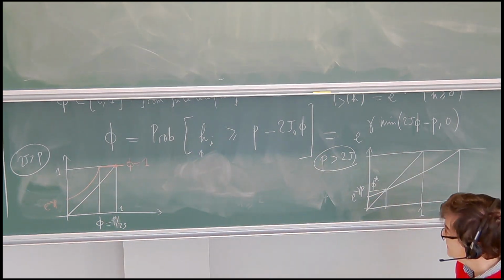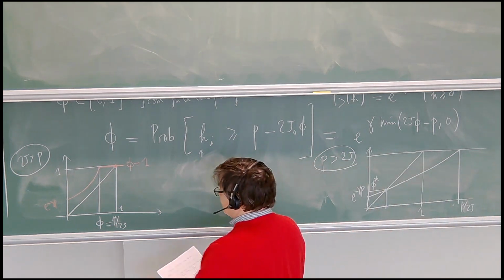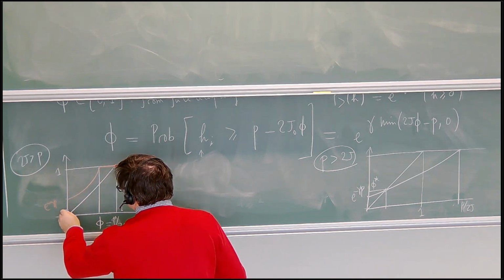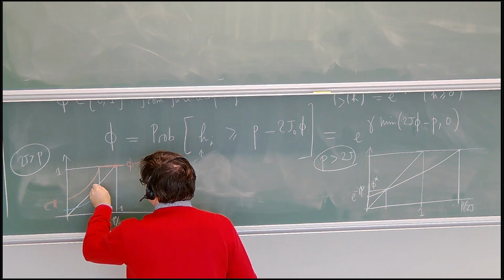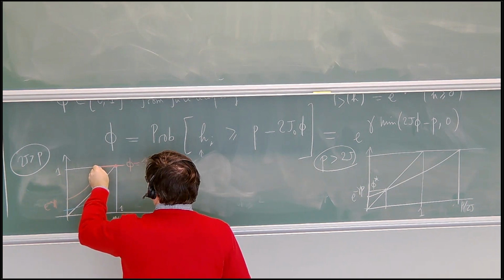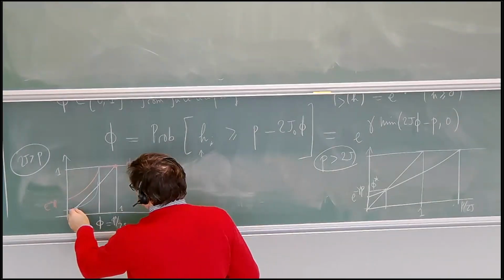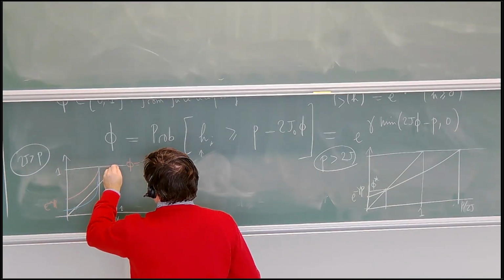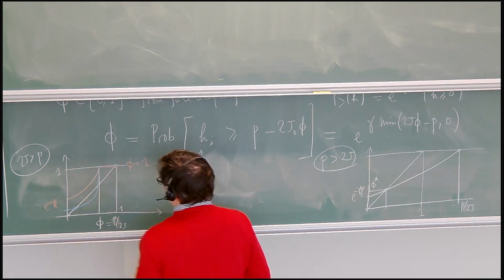But there's another possibility, if P is still larger, so exponential of minus gamma P starts lower, and then you could have something like this. Okay. And then in this case, you see that there are 3 solutions, 1, 2, and 3. This is just a breakpoint.